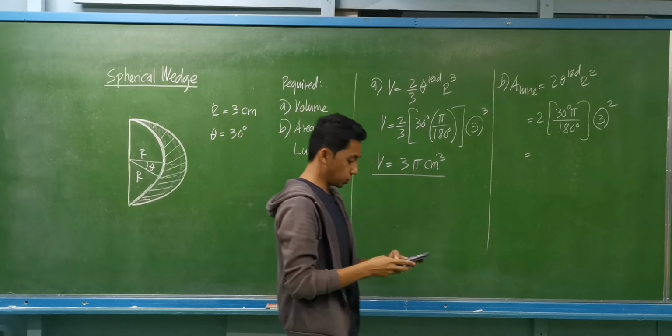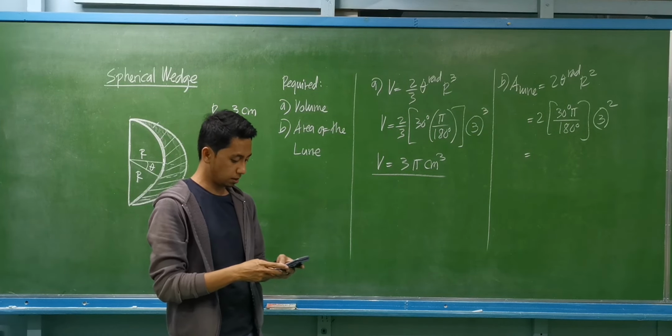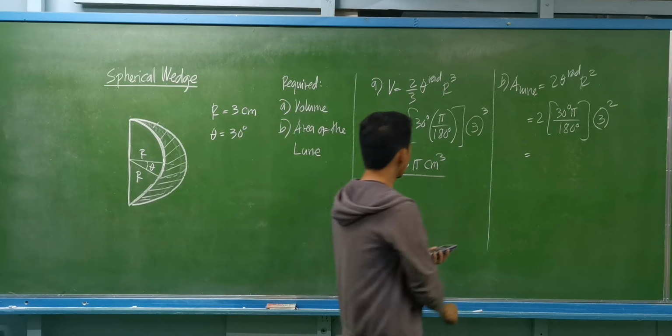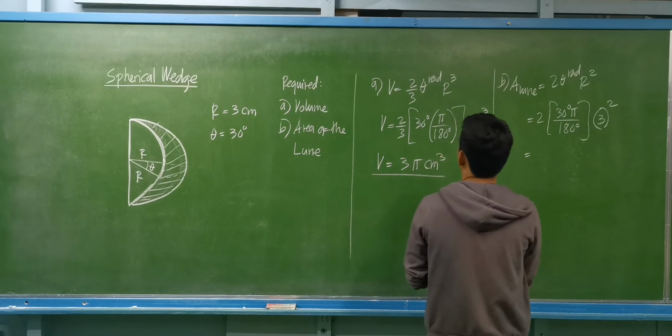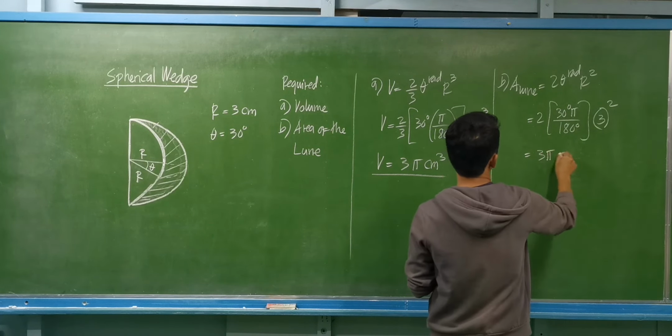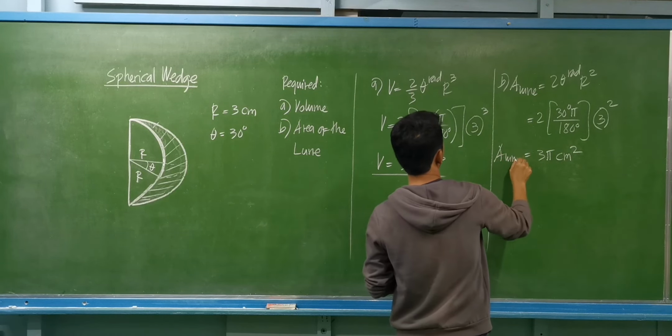So we have 2 times 30 of pi over 180 multiplied by 3 squared. This is the same as 3 pi square centimeters. So this will be the area of the lune.